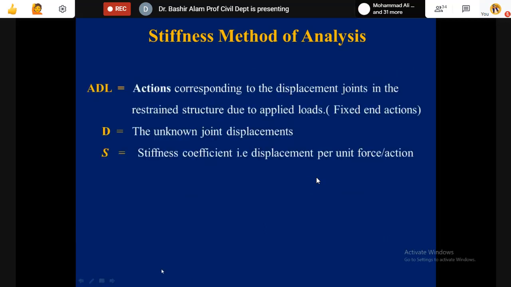Next, ADL is the actions corresponding to the displaceable joints in the restrained structure due to applied loads, that is, fixed end actions. For the normal cases, you need to memorize the values. I'll show you which are the normal cases. Let's say a fixed-ended beam loaded throughout by a UDL.